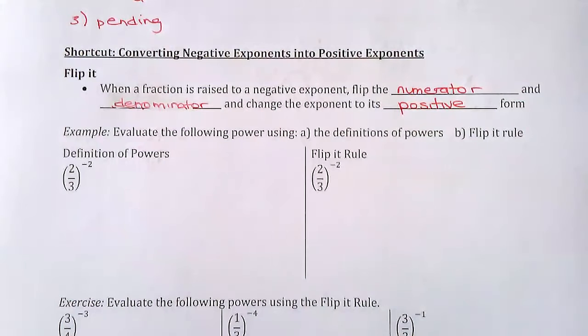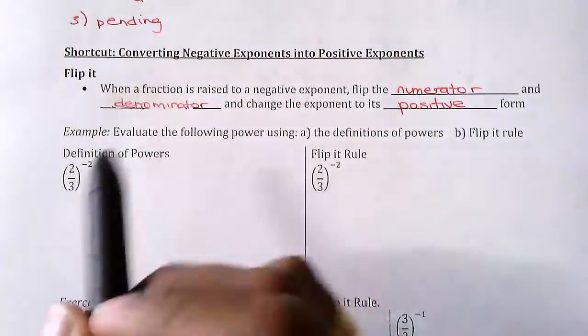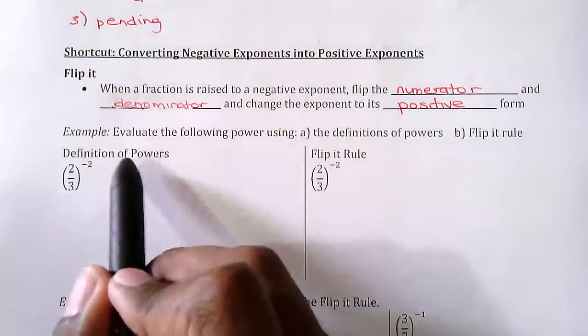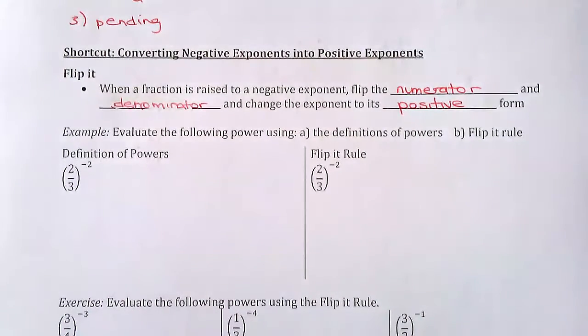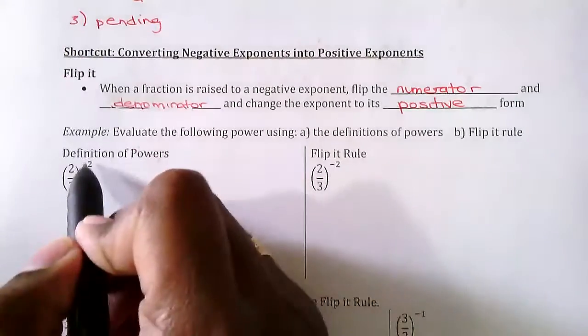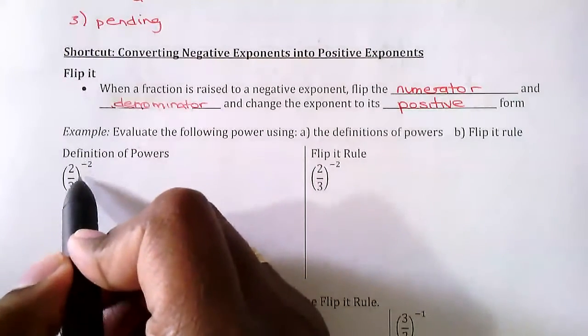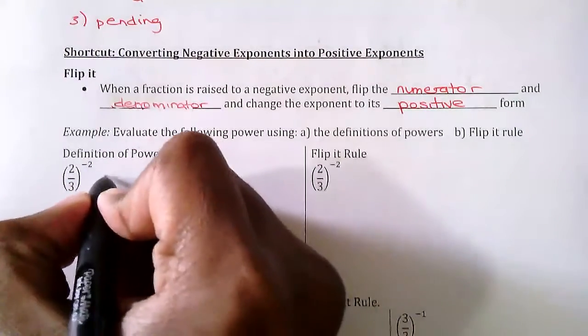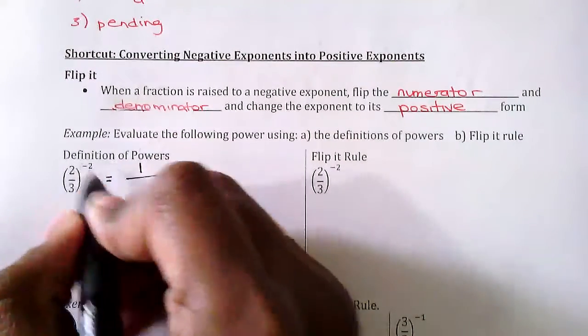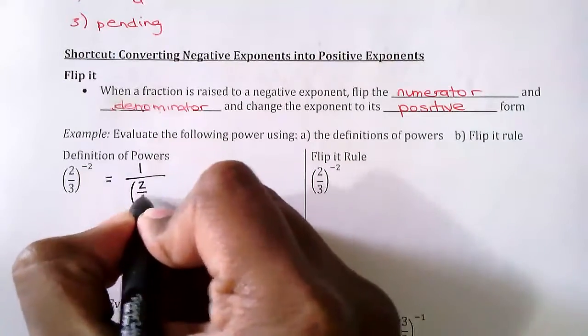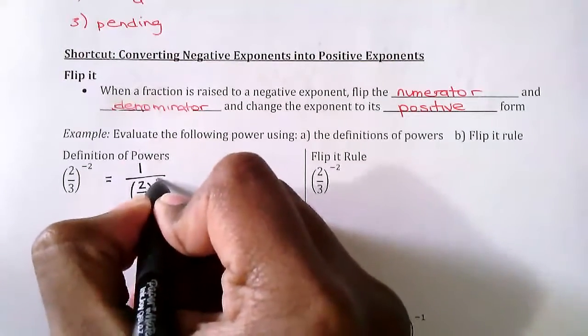So I want to show you that this actually works. So let's take a look at this particular fraction raised to a negative exponent, and let's follow the definition of powers to solve this, and then let's use the flip it rule. So if I use the definition of a power, I know that if I have a negative exponent, I can convert it to a positive exponent by doing 1 over this entire expression, where the exponent is now positive.